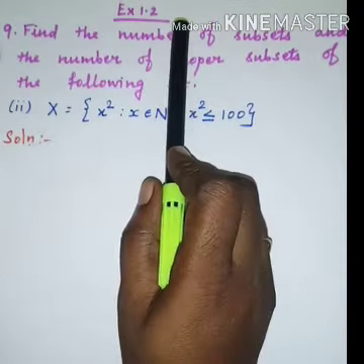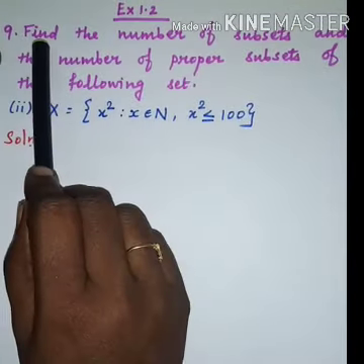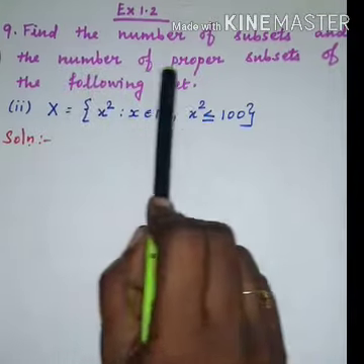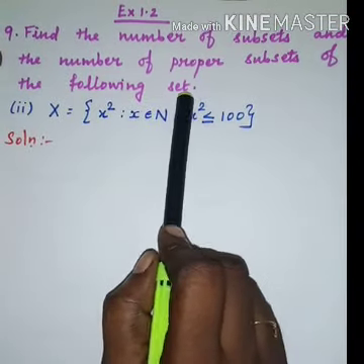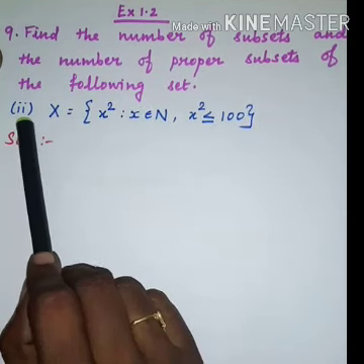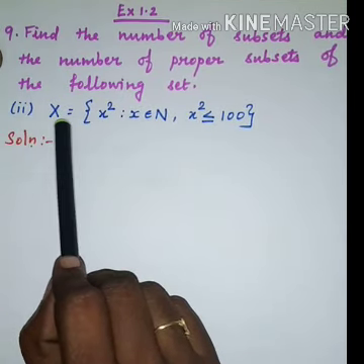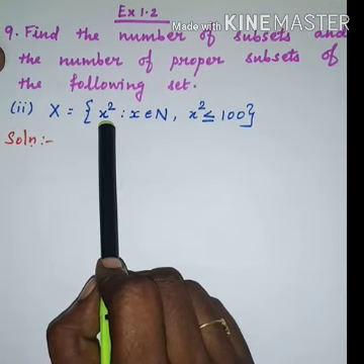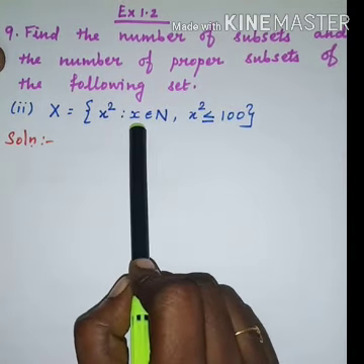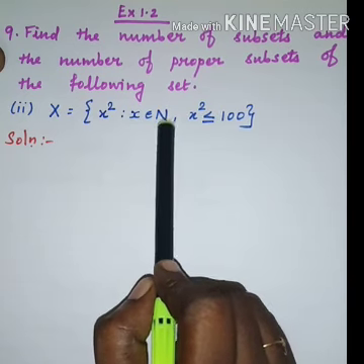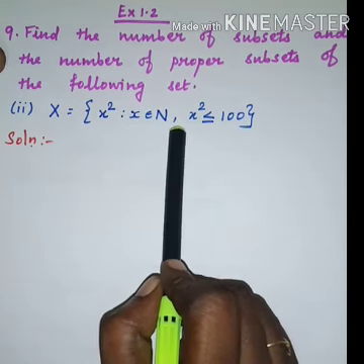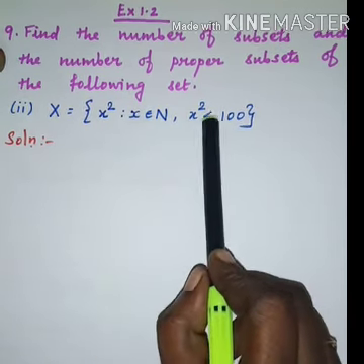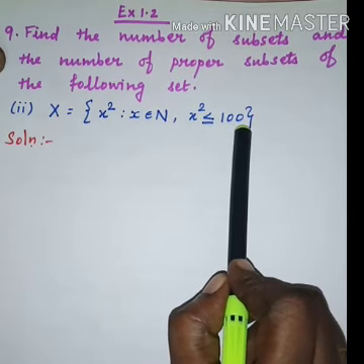Exercise 1.2, 9th sum. Find the number of subsets and the number of proper subsets of the following set. Second subdivision is the set X equal to {x squared such that x belongs to N}, where N is the natural numbers, comma, x squared is less than or equal to 100.